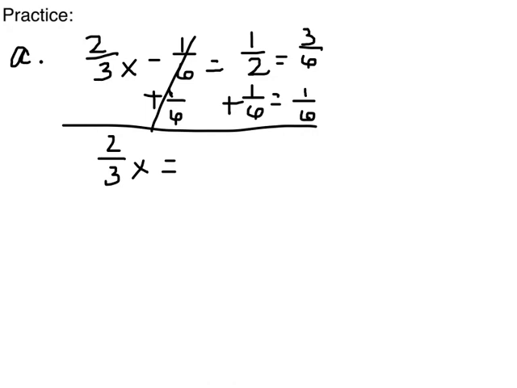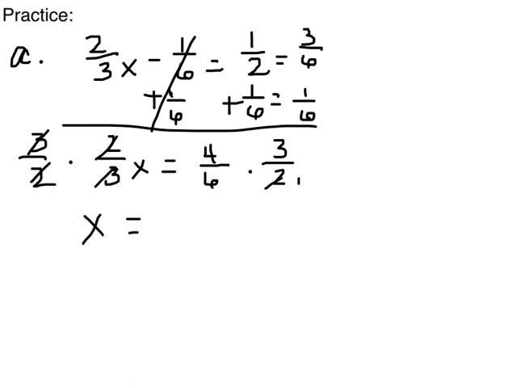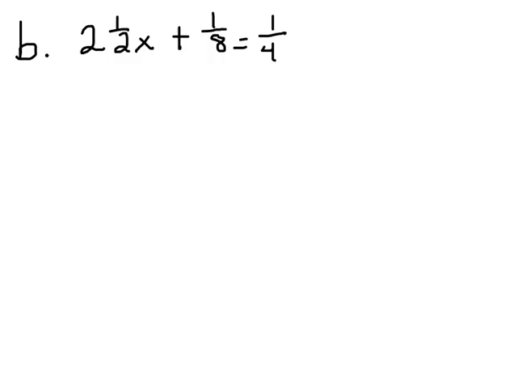So I have 2/3 x equals 4 over 6. I'm going to invert and multiply. I can cross cancel here. I can also cross cancel here. 2 over 2 here gives me 1. So my answer to A is 1.